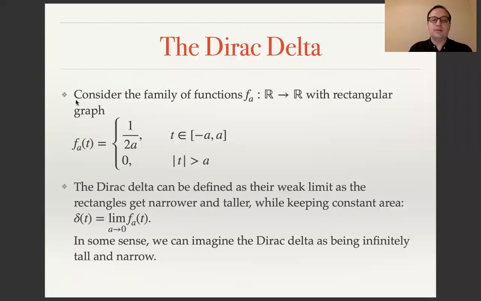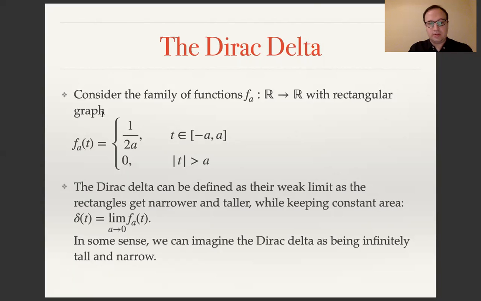So recall from last time, the Dirac delta can be defined as the weak limit of a sequence of functions whose graph is a tall and narrow peak such that the area under the graph of the function is 1.